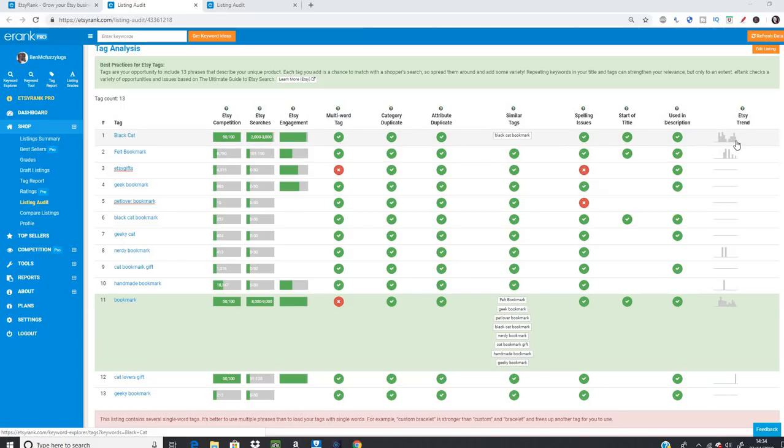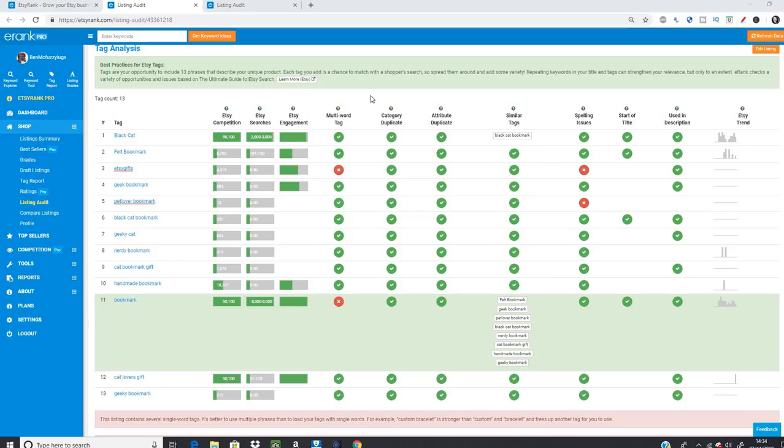If you can see little bars on it, then over the year people have been searching for it. And if it's blank, then there doesn't seem to be a whole lot of data. And you can click on this to be taken to see the trend, just the same as you can click on your tags to be taken to see the keyword analysis of that tag.